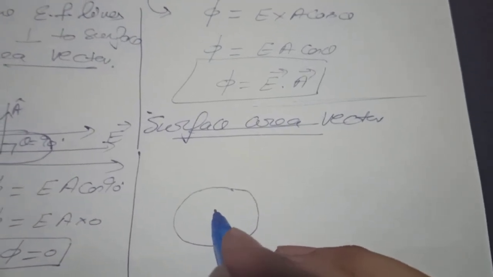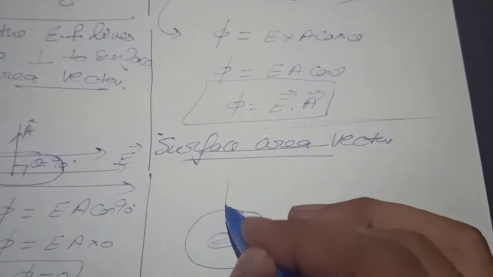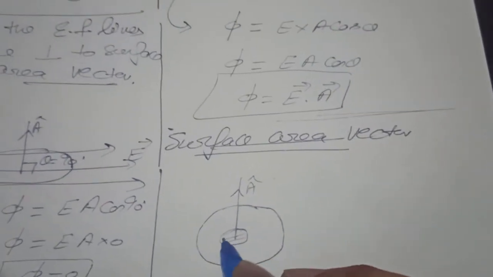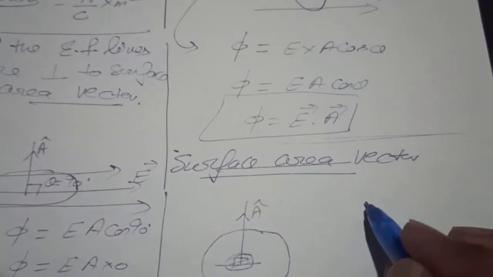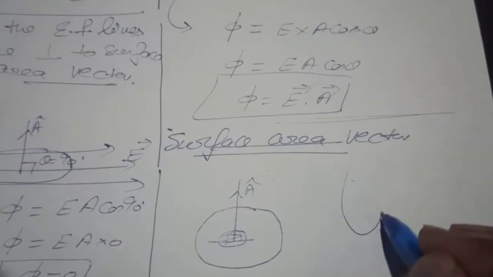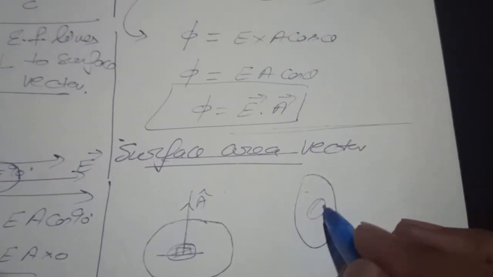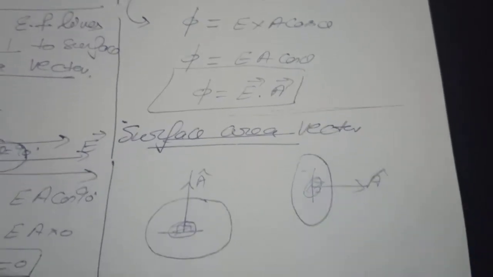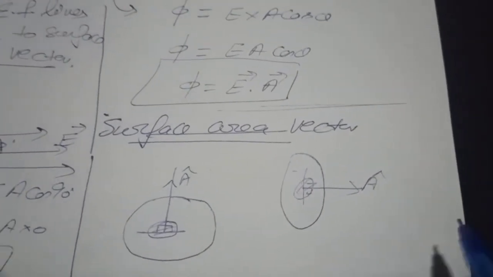So the perpendicular drawn outward from that area represents the surface area vector. This is the surface area and this is the perpendicular made outward, known as the surface area vector.